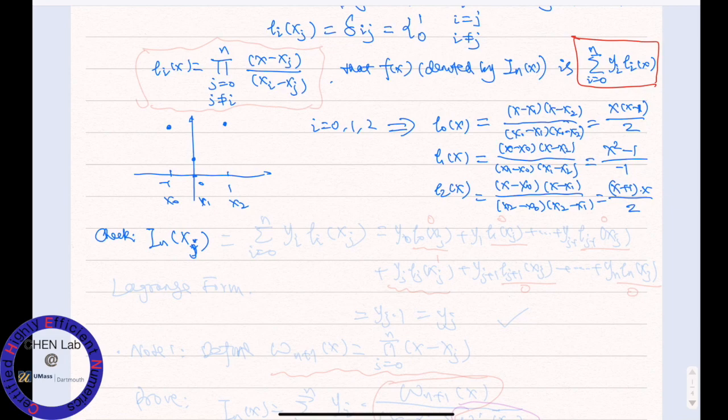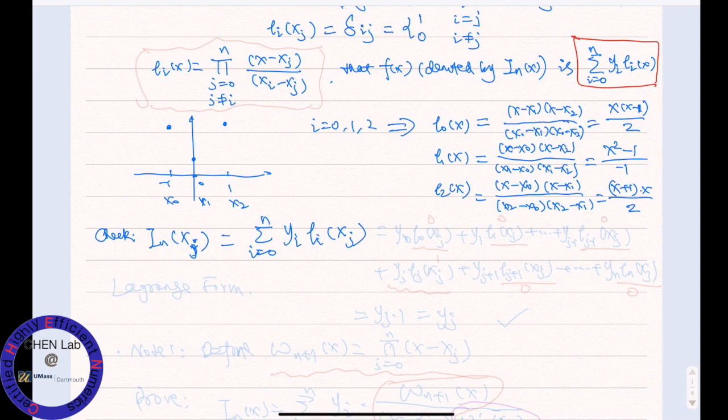So what is this thing? It's a sum, i from 0 to n, of yi Li. yi is some constant. Li is that function we just made up. Li of x, you evaluate at xj.